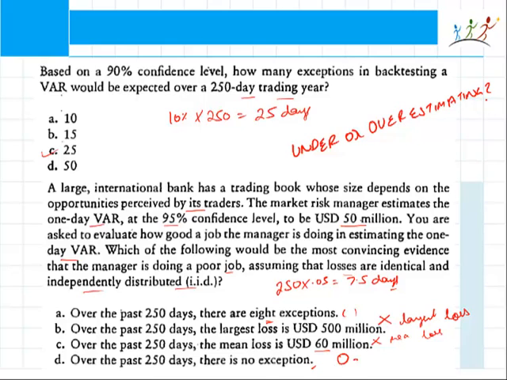So this would indicate that we are overestimating our VAR number, because in 250 days the VAR has never been exceeded, and if it was a 95% VAR, it should have been exceeded in 7.5 days out of 250. So D definitely indicates that this is not a correct model and the VAR is being overestimated because it is not getting exceeded even once.